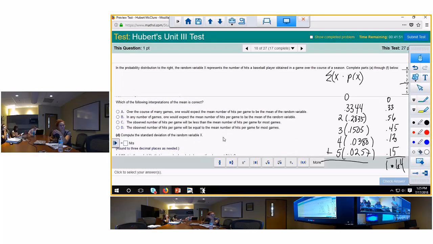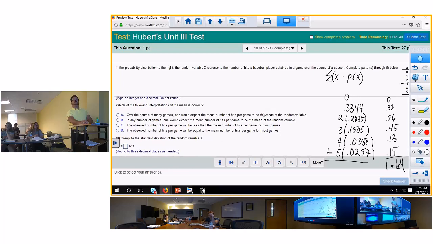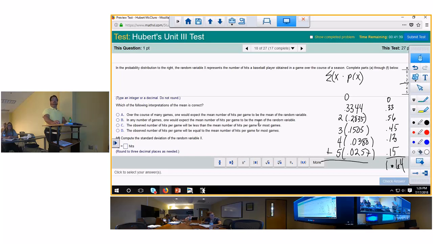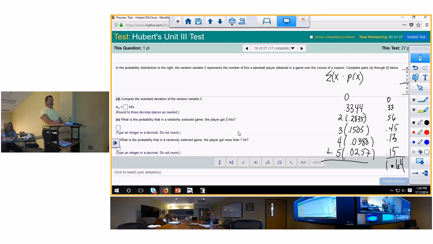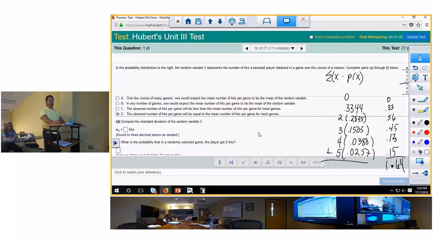Over the course of many games, one would expect the number to be the mean of the random variable. I would say D. I may be wrong on that, but it's one of those Philadelphia lawyer questions. I can't stand those things.